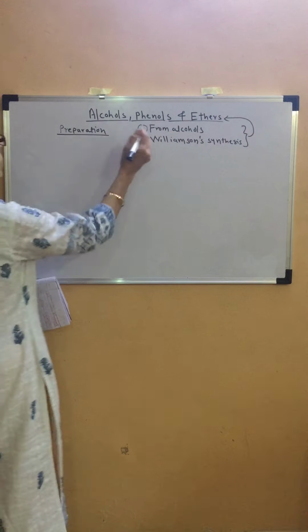What we will get? We can write this way also: 2C2H5OH, when they are heated, we will get our ether C2H5OC2H5. See, C2H5OC2H5, and what is left?